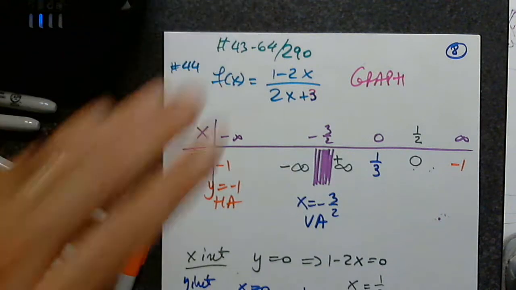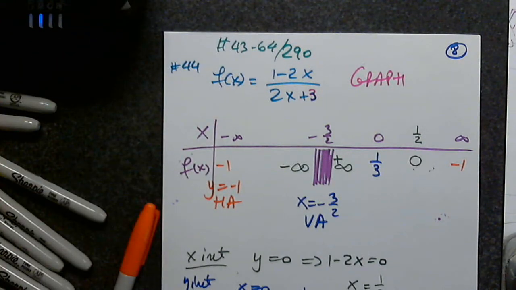Before I try to graph this function like we did before, please follow me for a second. This function starts at negative 1. When x approaches negative infinity, the function values approach negative 1.